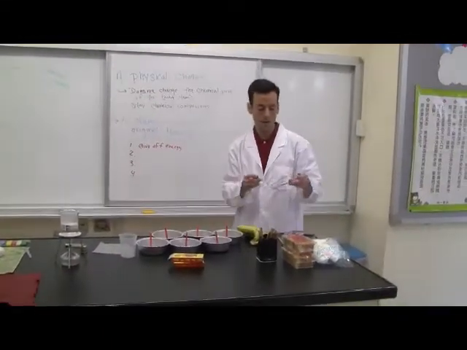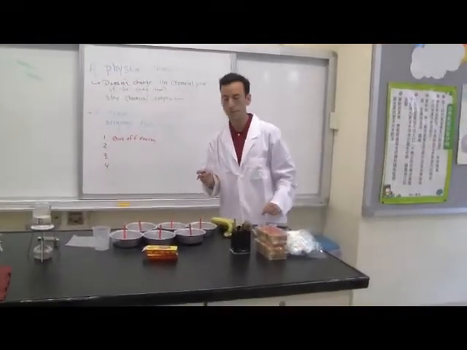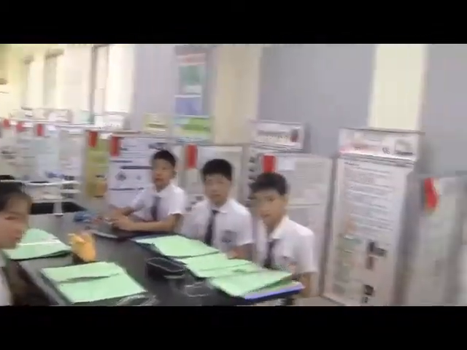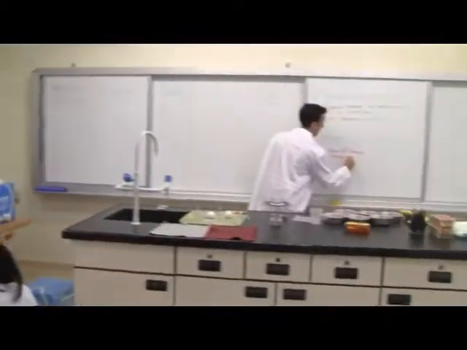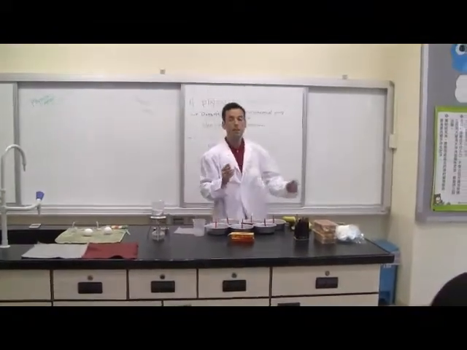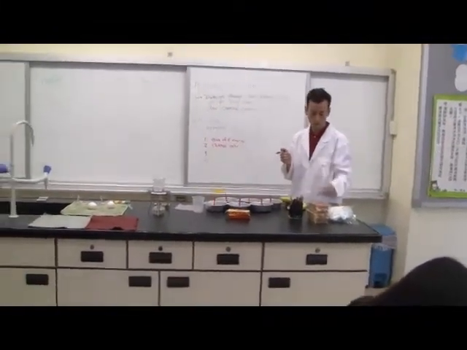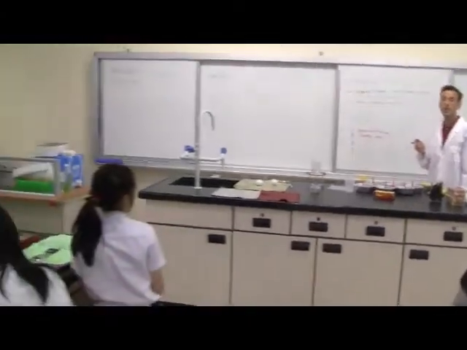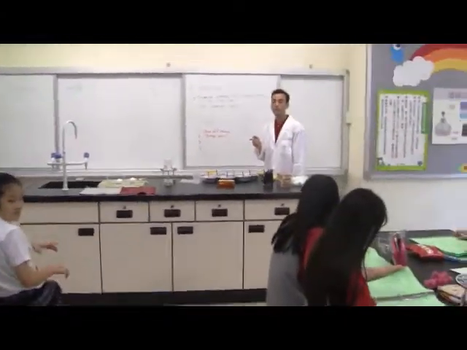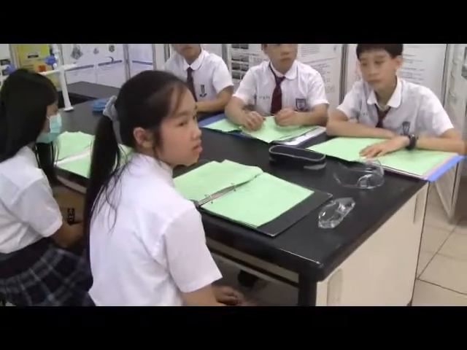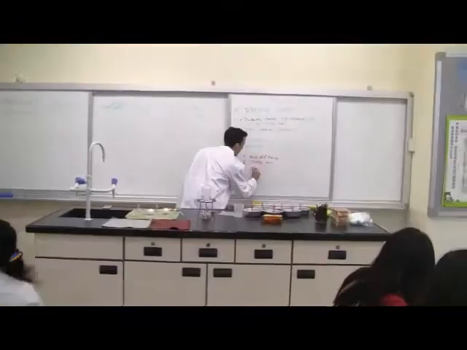Okay. Let's go with Elias. Give me one more sign. Change of color. Okay, change of color. Let's go with Bonnie. One more sign. When it produces gas. Okay, makes gas.